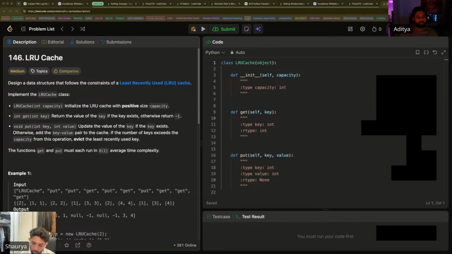So dot dictionary equal to default dict, something like this.